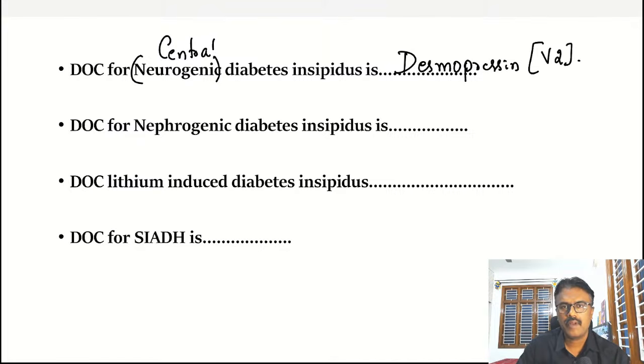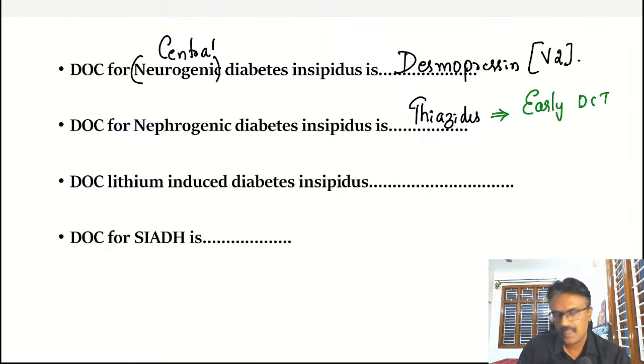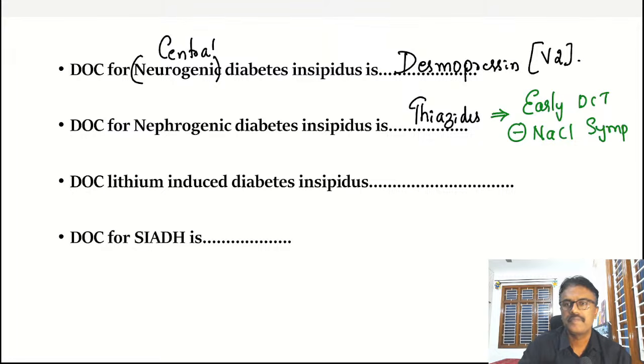Nephrogenic, the problem is in the kidney, then the drug of choice is thiazides. Whenever I talk about thiazides, the site of action is the early part of the DCT. But what do they inhibit? They inhibit the sodium chloride symport.